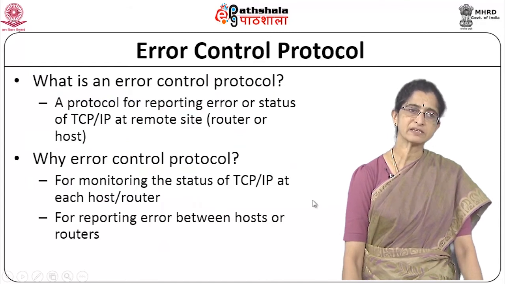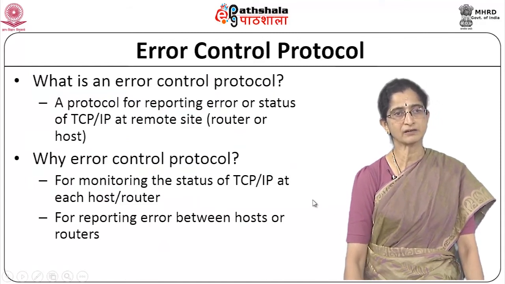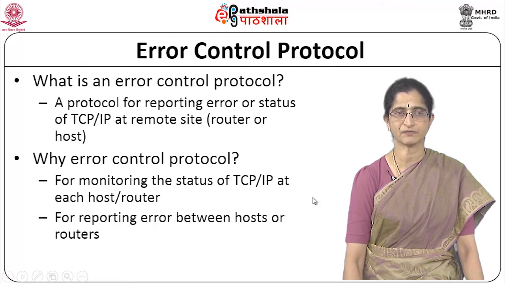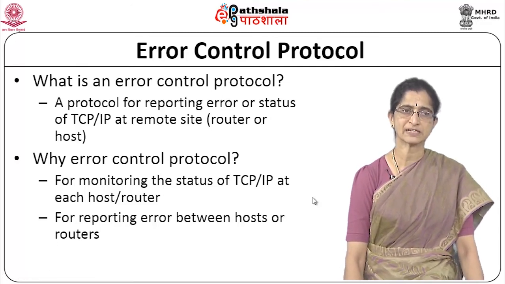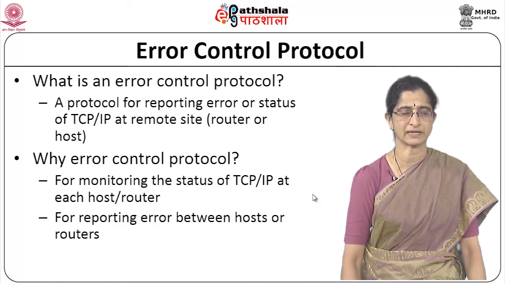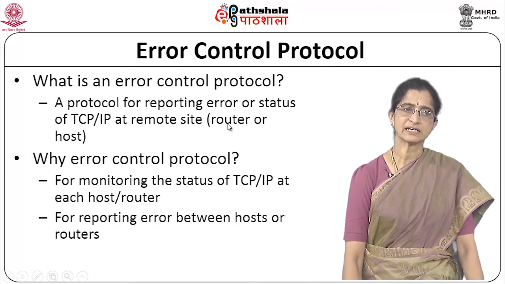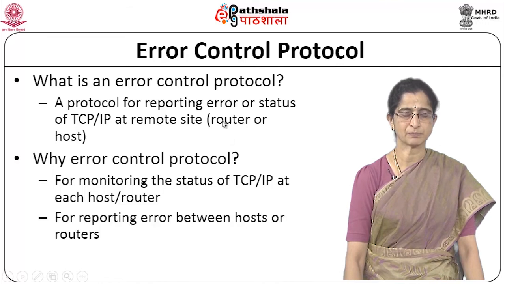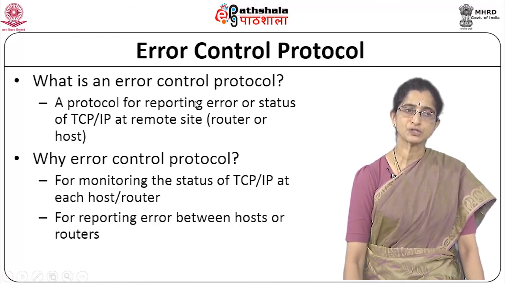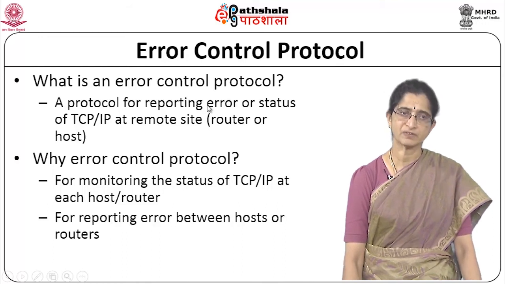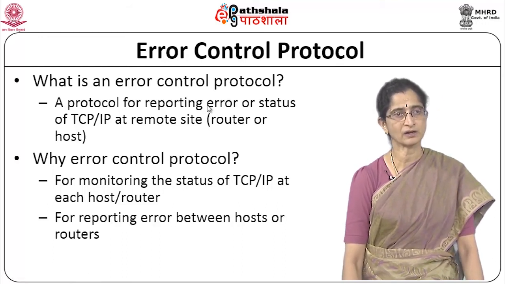The next thing we will be looking at is the error control mechanism that is specified along with IP. In fact, it is not an error control mechanism, it is actually an error reporting mechanism. That is to say that we have a protocol called the ICMP protocol that is used along with the IP protocol, which is used to report errors if and when they occur in the network.